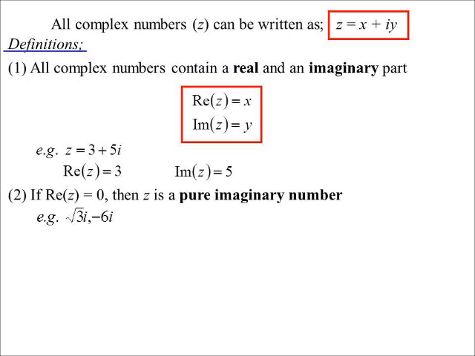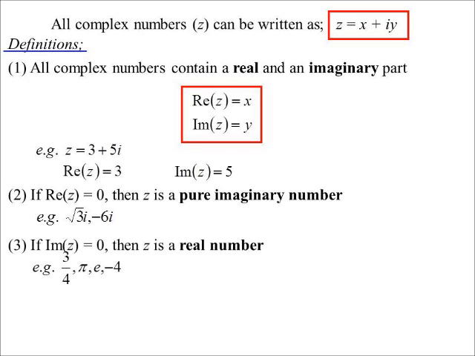It's totally imaginary. So anything which is simply a multiple of i would be a pure imaginary number. And as I just said, if the imaginary part is equal to 0, that's what you've been dealing with all your lives. They are real numbers. Some examples of real numbers: 3/4, pi, e, minus 4. I could pick many more. In fact, I could pick an infinite number more.